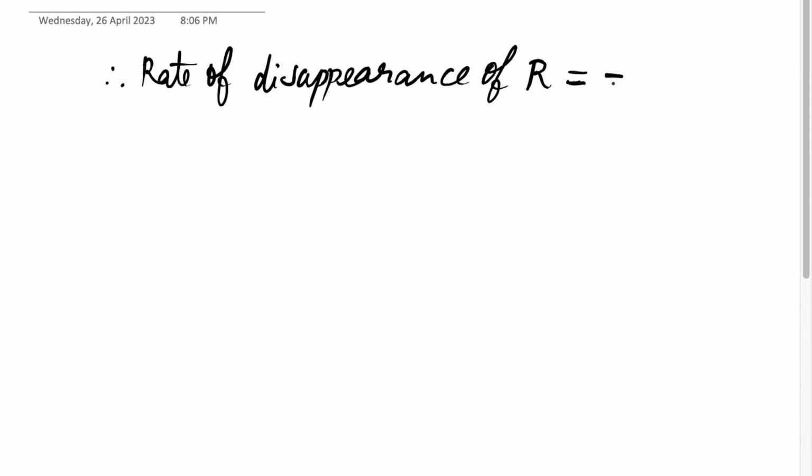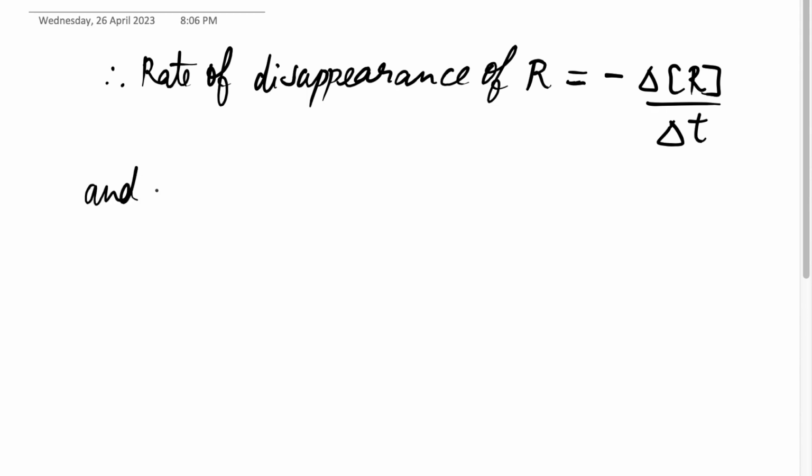It denotes that the concentration of the reactant is decreasing. As we have to write per unit time, we divide by change in time. So this denotes the rate, as we have seen in the definition of rate of a chemical reaction.